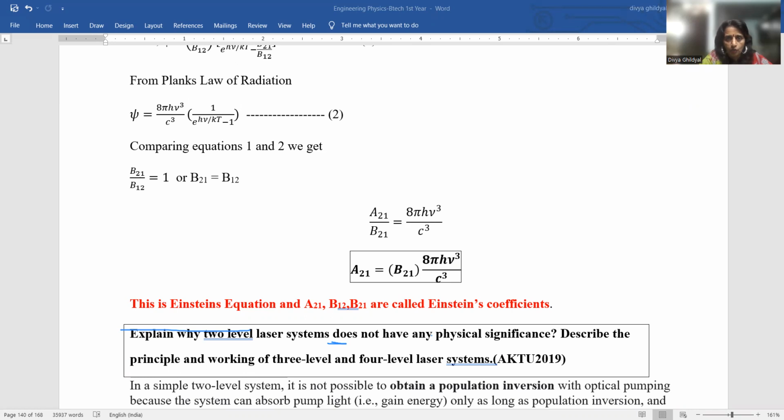In short, what is the dependency of absorption and emission? It depends upon frequency mu and c, the velocity of light, to the cubic power. So these are Einstein's coefficients, and this is known as Einstein's relationship for absorption and emission of radiation. Thank you.